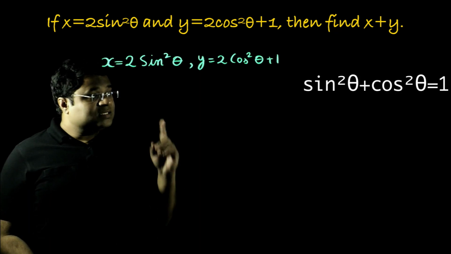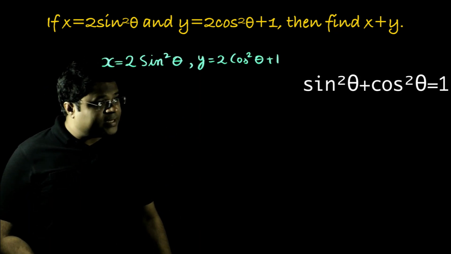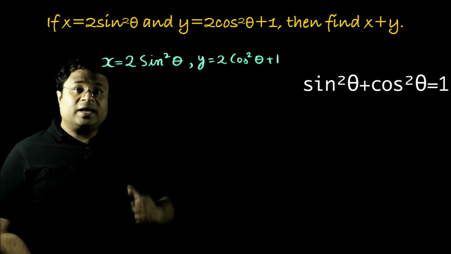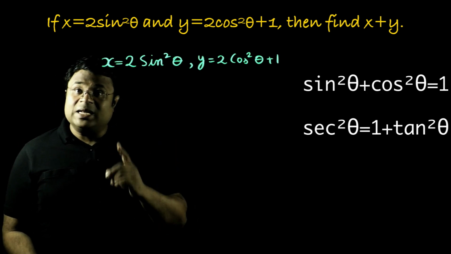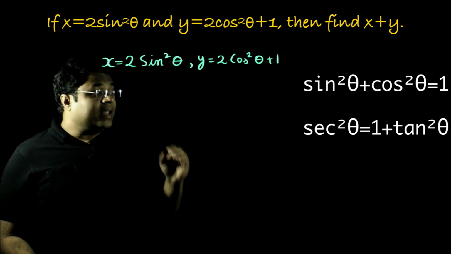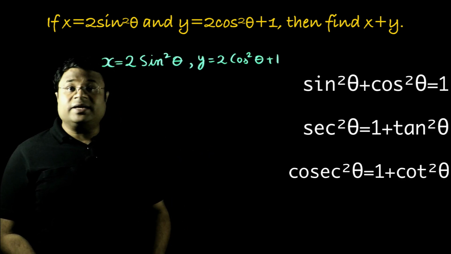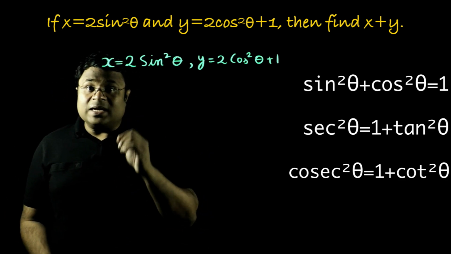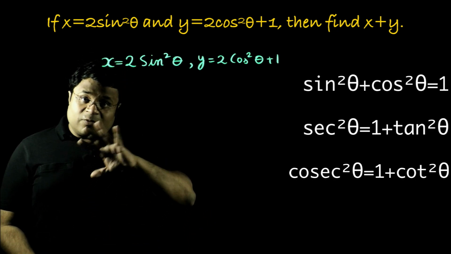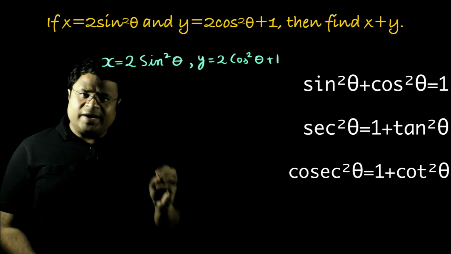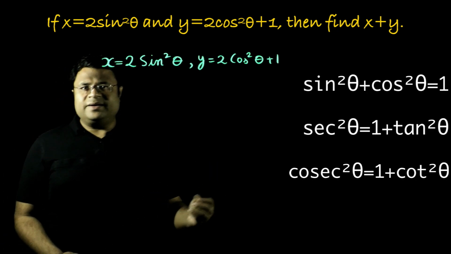First one is sine square theta plus cos square theta equals 1. Next one is sec square theta equals 1 plus tan square theta. And last one is cosec square theta is equal to 1 plus cot square theta. So we must memorize this, and in any form we must be ready to apply these basic identities.